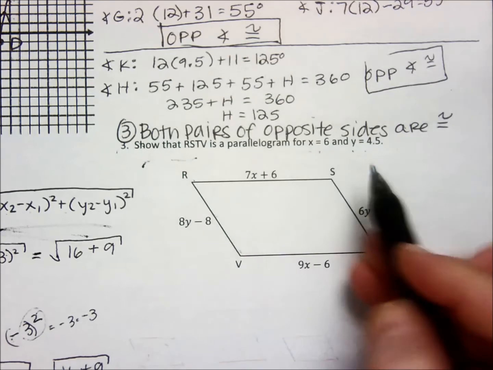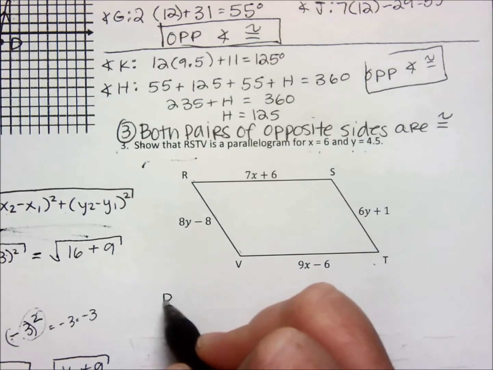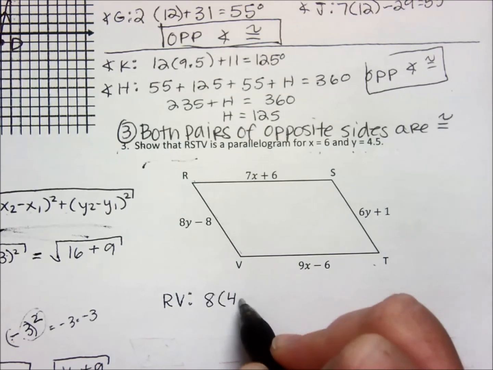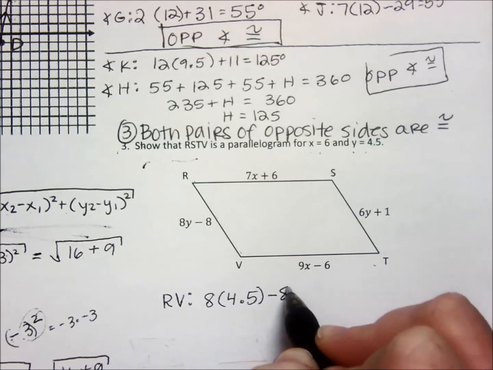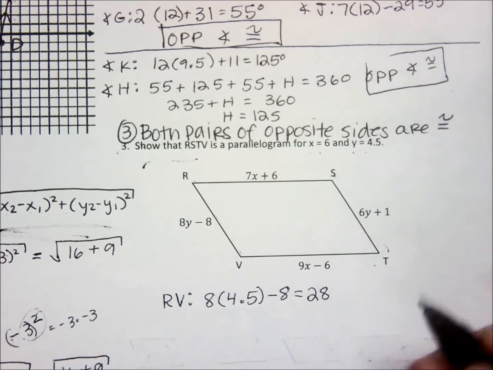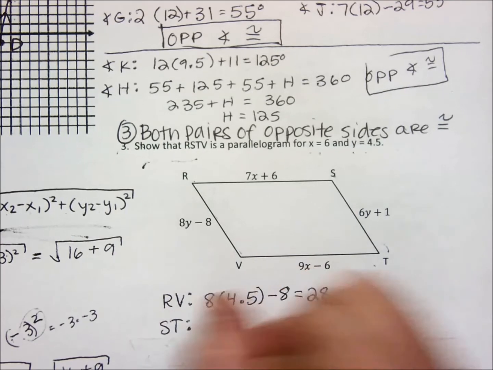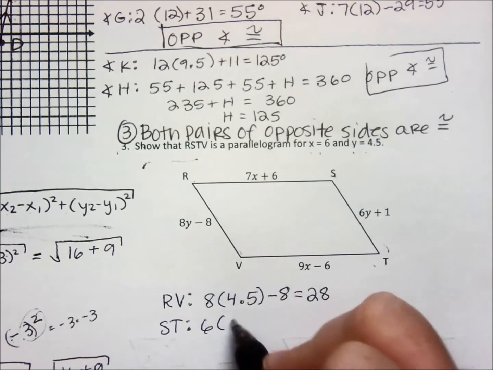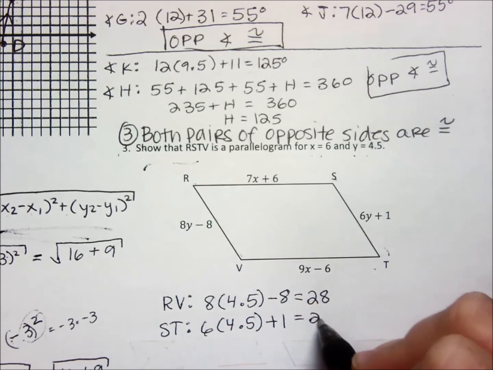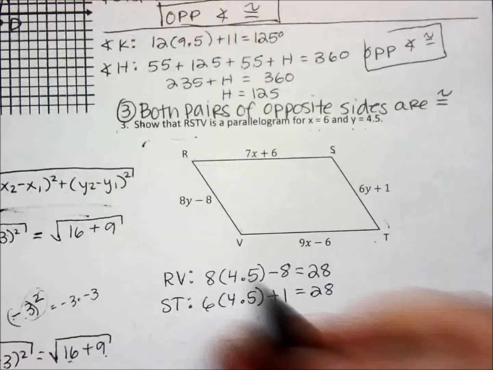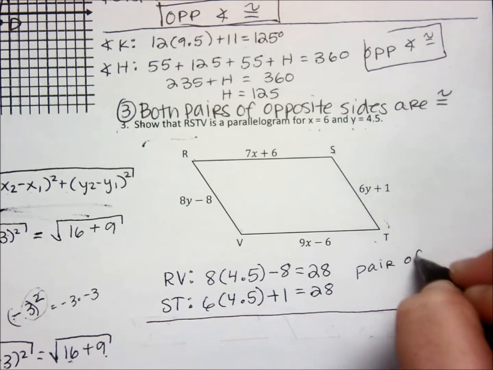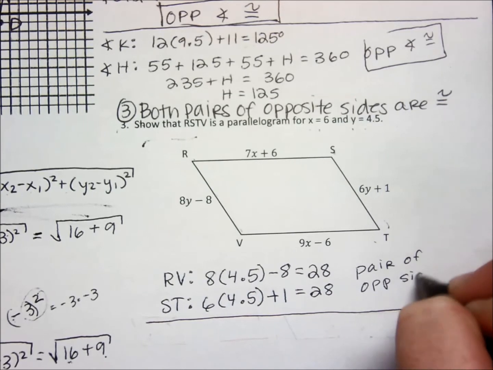So I know y is equal to 4.5, so if I'm looking at RV, I know that 8 times 4.5 minus 8 is equal to 28. And then let's go to ST. ST is 6 times 4.5 plus 1, and that also equals 28. So I have right now a pair of opposite sides congruent.